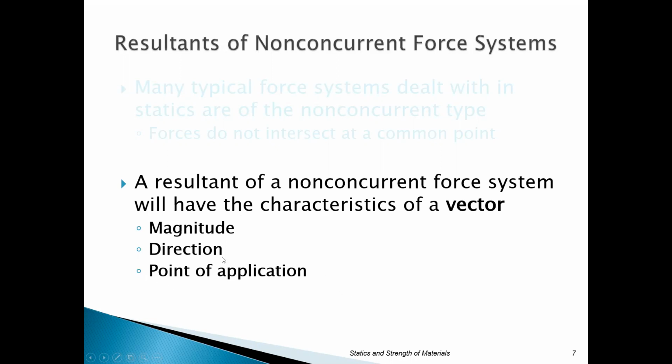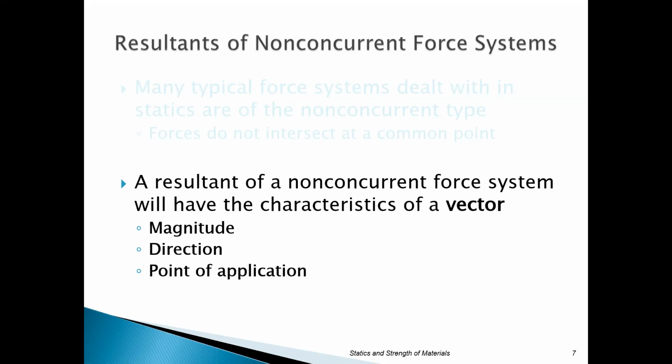Usually solving the magnitude and the direction, that's not that big of a deal, okay? So this is pretty straightforward, but this is the point where really that makes you think a little bit. I'm going to go through a problem with you, show you the steps, and then you'll have homework problems to do. And again, Thursday, that's probably a big part of what we're going to be getting into.